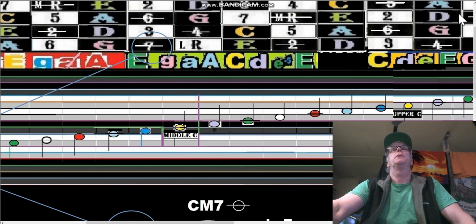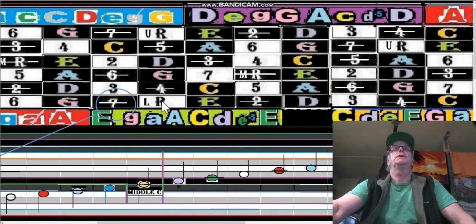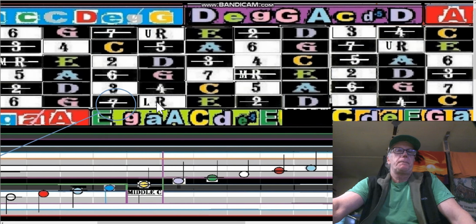That's the smoothest way of looking at it. So this lower root here, you could call that C, but you could call it C sharp. Okay, if you were to put the capo on a certain note, and call that the lower root, and in the E shape, that would be your lower root.